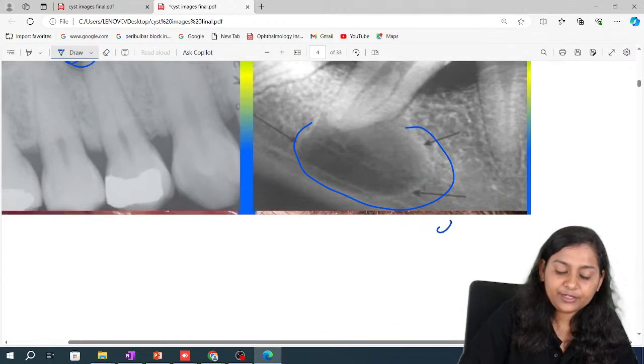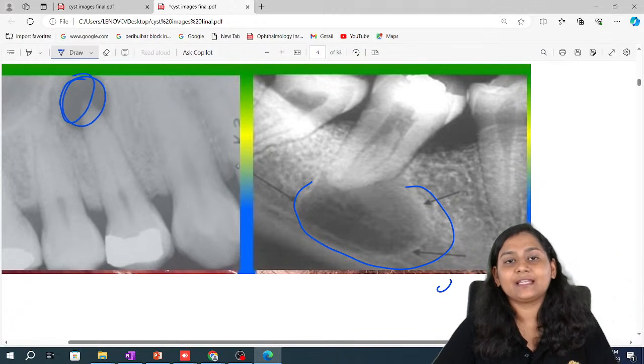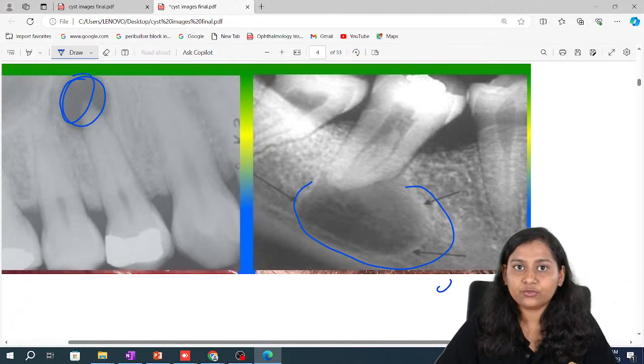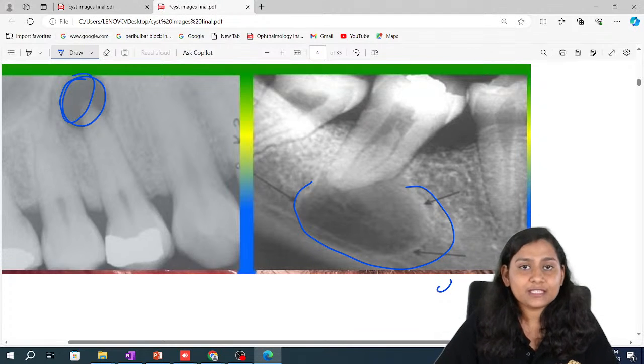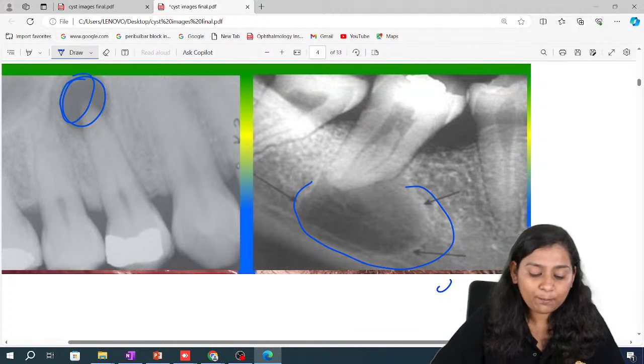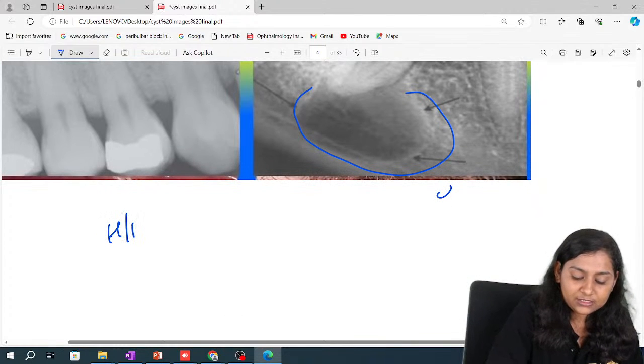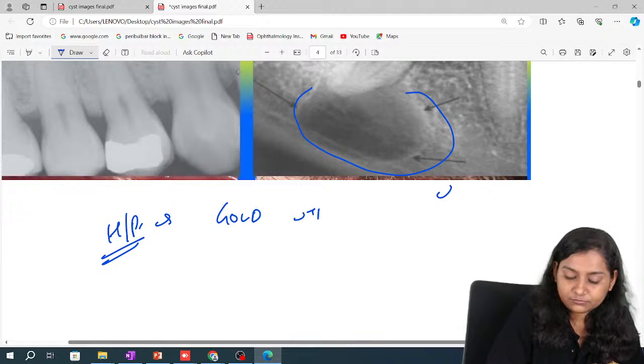But remember, we never differentiate cyst and granuloma based on radiograph. Make it point number 1. We always differentiate based on the histopath. So histopath is the gold standard.